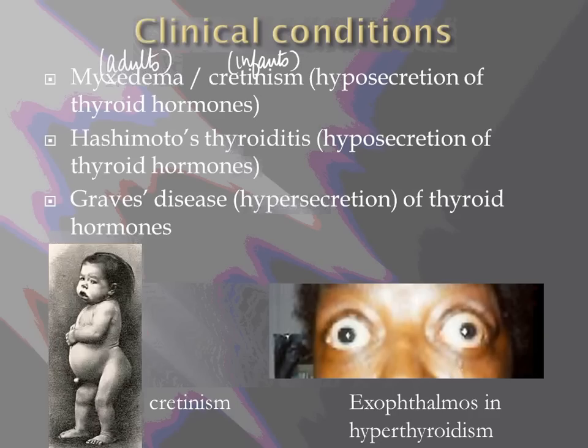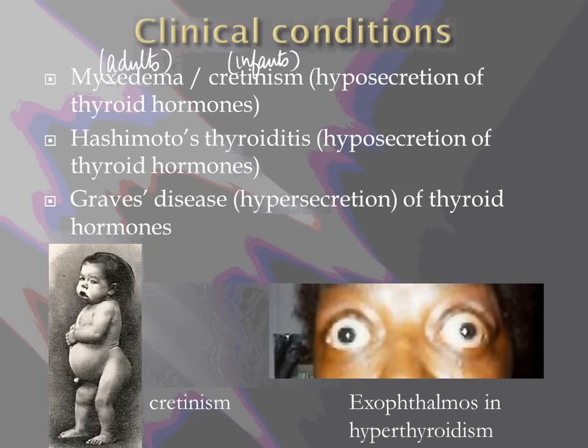Myxedema: there's less thyroid hormone, so what will happen? The basal metabolic rate is low. These people are not metabolizing enough, so they are very tired, extremely lethargic. Protein synthesis is not occurring. Remember, that was one of the functions of thyroid hormone. So you'll find that the hair is extremely straggly, and the skin tends to bruise easily because keratin, a protein formed in skin, is not being formed properly.